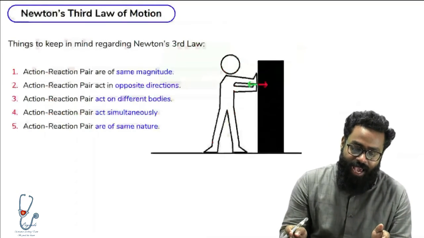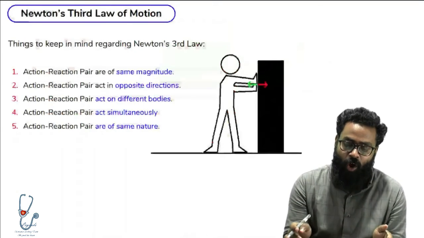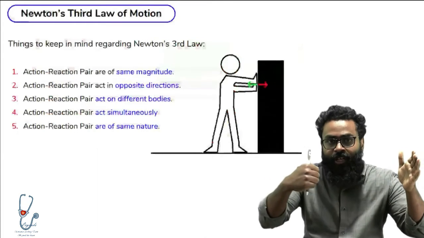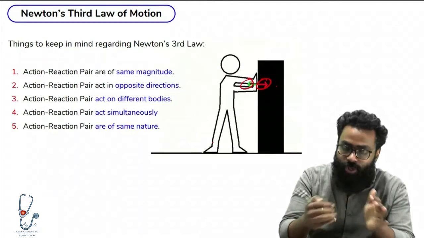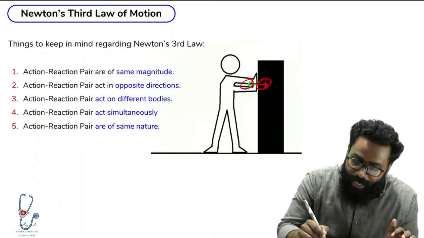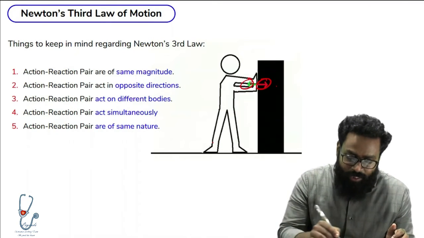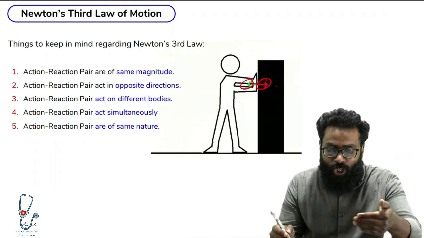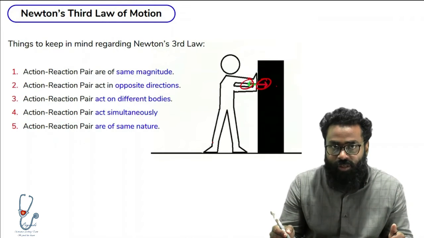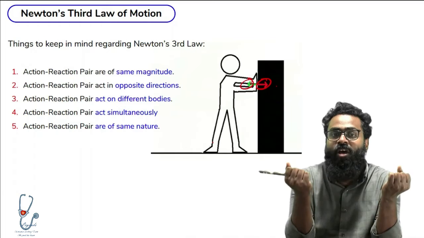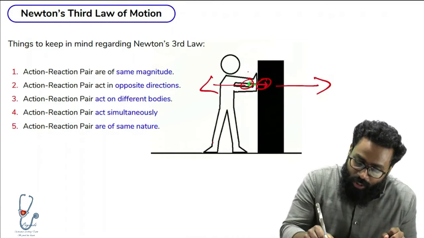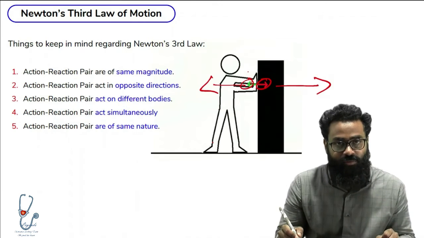So the first one is that the action reaction pair have the same magnitude. Okay, then the second one is that the action reaction pair act in opposite directions, we can see that the direction is opposite.